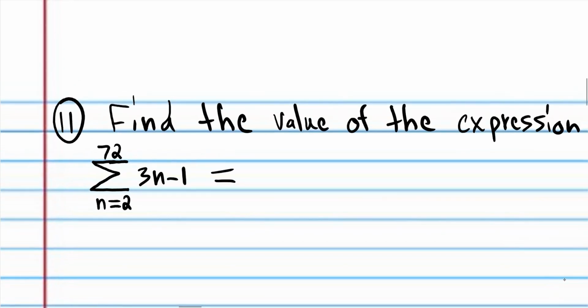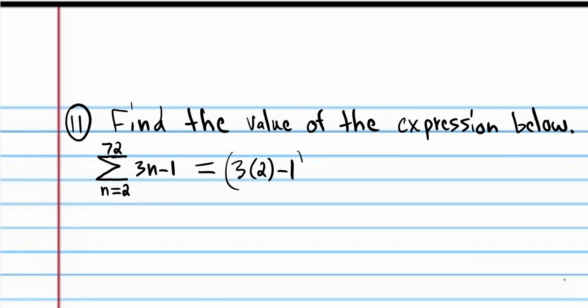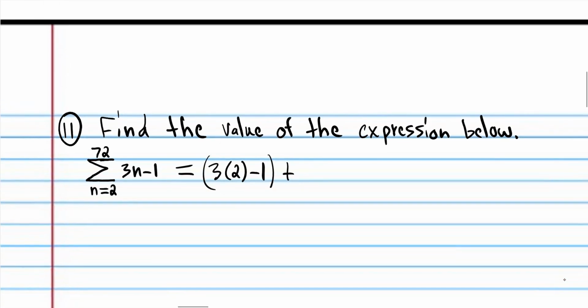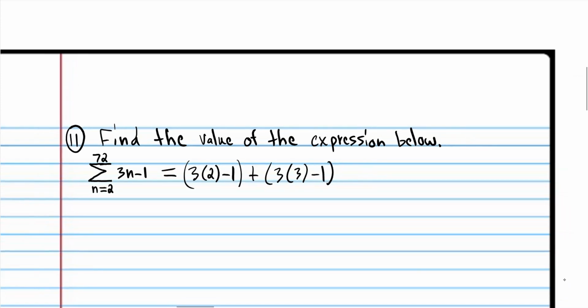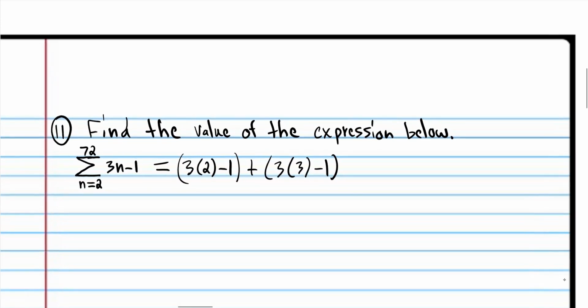Another way to determine that it's arithmetic is just by plugging in numbers and looking at the progression of the terms. So we're going to start with 2 because it says to start with 2 there. Plug in 2 for n. Then obviously we're going to plug in 3, and we're just going to keep moving up the integer list.